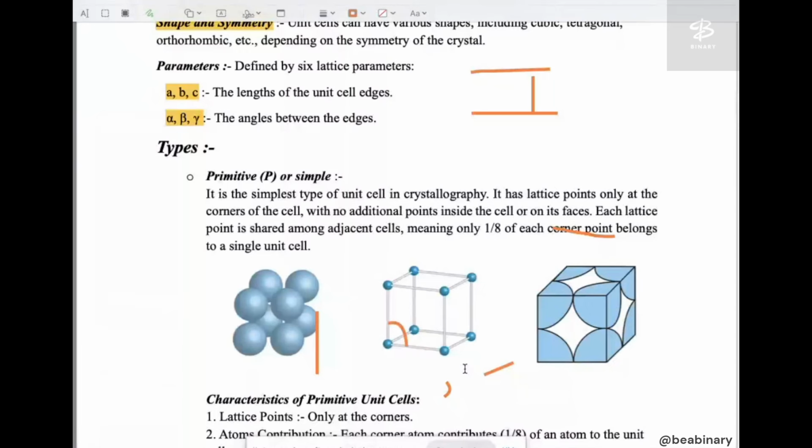If you have three lines, then you can have three angles as well, depending on how they are arranged. So these are the angles between their edges. This is the basic terminology. If you have the repetition of these three, then you would have a unit cell.